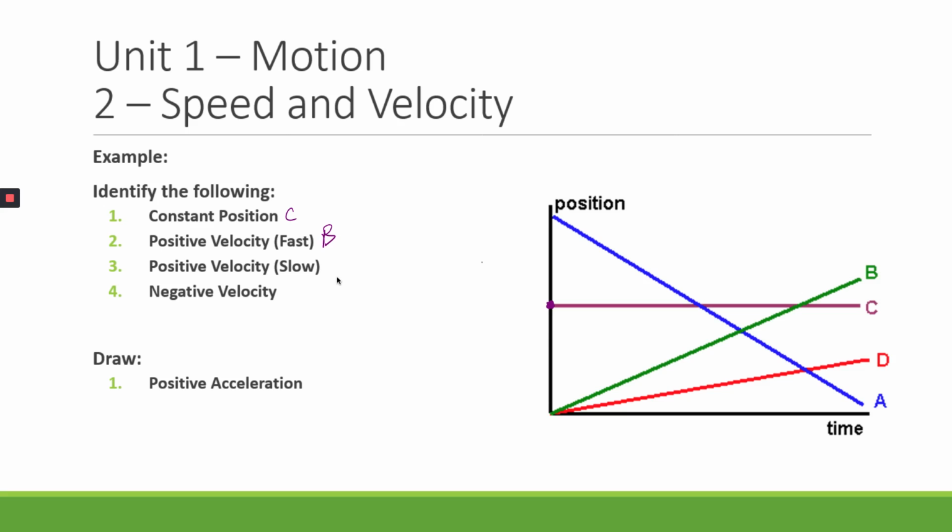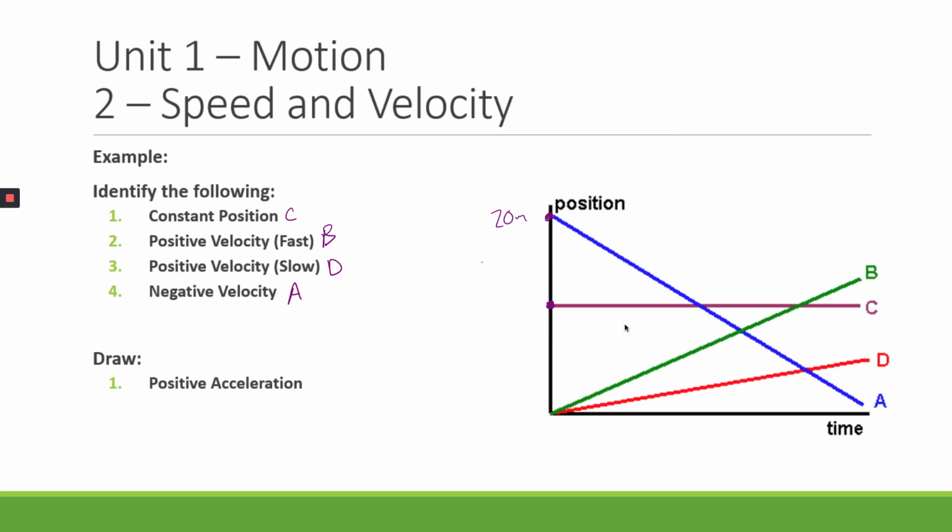My positive velocity slow would be D, therefore. And my negative velocity would be the one with a negative slope. So this goes from whatever this value is, 20 meters, back to 0. Its displacement is just in the negative direction. So your negative velocity would be line A.